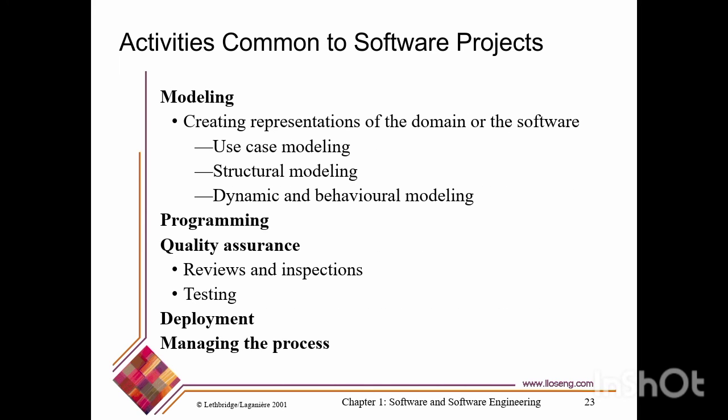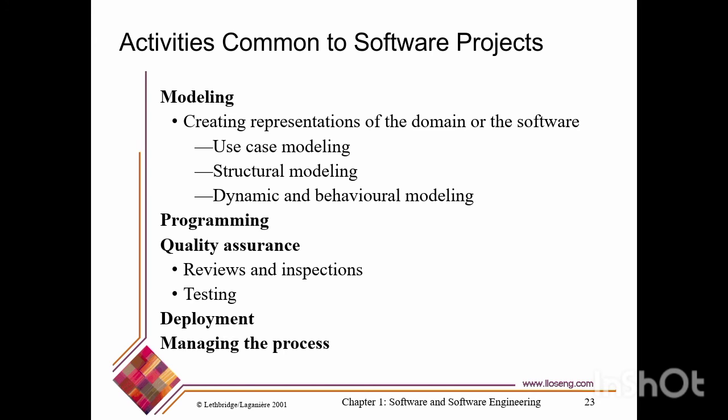And modeling, creating representations of the domain or the software using the use case model, that is, use case diagrams; the structural model, that is, the class diagram; and dynamic and behavioral modeling, that is, the representation of sequence diagrams, state diagrams and activity diagrams.